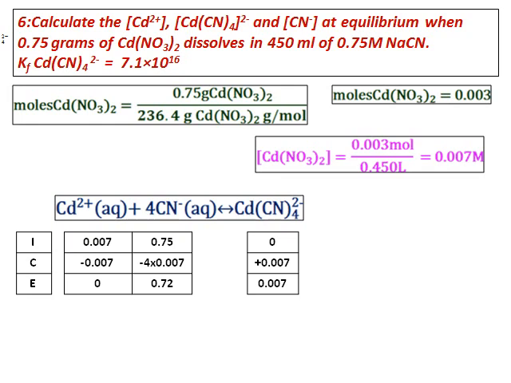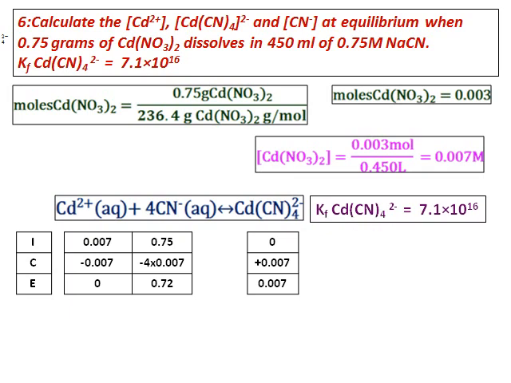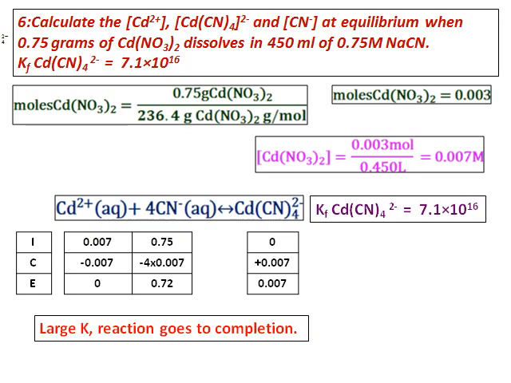But before we proceed further, if you look at the value of K, it's a large K reaction, therefore it will go to completion. So what we do is we have to get the limiting reagent, and the limiting reagent in this case is cadmium ion, and since the reaction goes to completion, all of the cadmium ion will get used up.